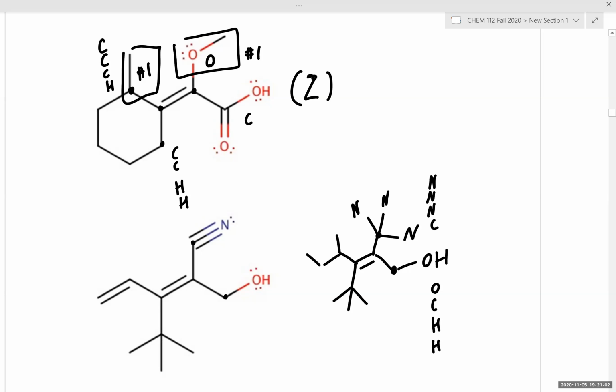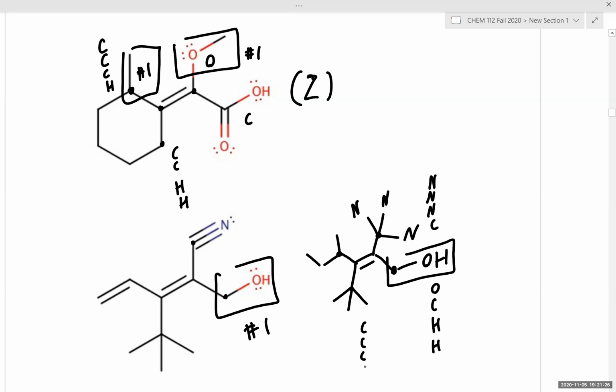What wins out? What has the higher atomic mass? Oxygen or nitrogen? What has the larger atomic mass? Oxygen, right? So this bottom group would be priority 1. On the right-hand side, we count one carbon out.